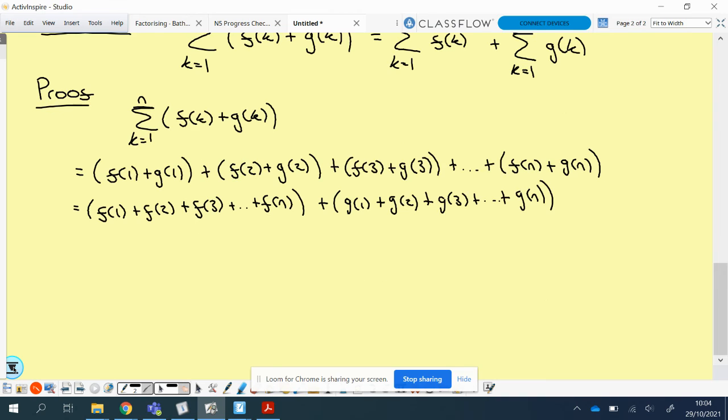And that first bit with all the f's in it is the sum, starting at k equals 1 up to n, of f of k, plus the sum from k equals 1 up to n of the g function, g of k. And that's me proved. That's me got the right hand side, so you can see that that is proving that property 1 holds.